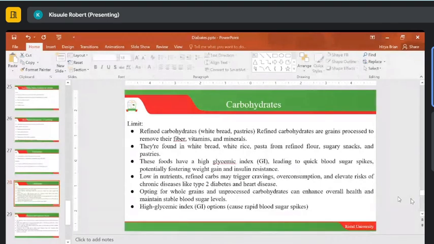Okay. So here, when we are talking of the refined foods, this was just another expounding on these. For the refined carbohydrates, we are talking of grains that are processed and their fiber has been removed, and also the vitamins and minerals.